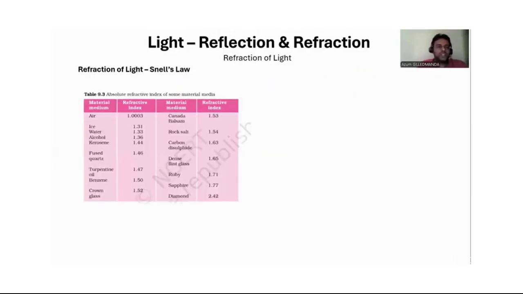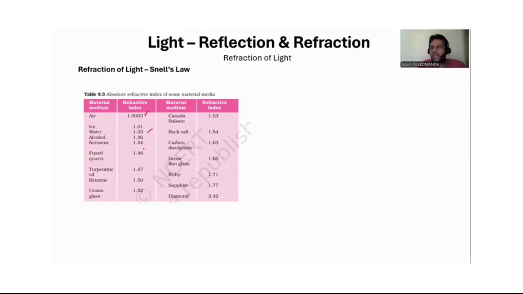Now, here, this table is from your textbook, and these are the different materials and their refractive indices. For air, that's where light travels faster compared to the other mediums. So the refractive index of air is almost 1. Then for water it is 1.33.